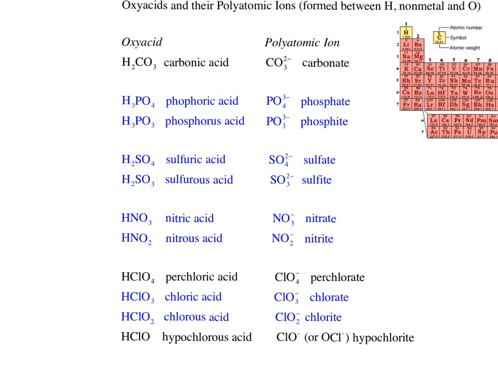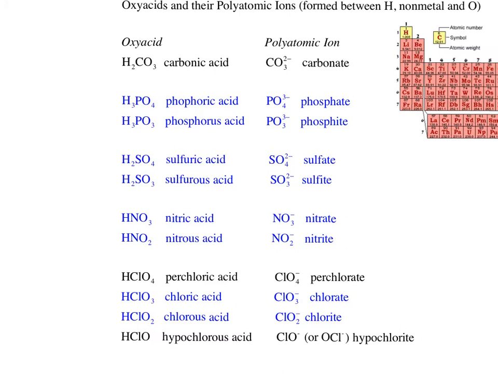The hydrogen on the left tells you that it's an acid. Then you have a non-metal, carbon, phosphorus, sulfur, nitrogen, and then one of the halogens. And then there are some oxygens connected to it as well. And you can have more than one oxygen forming different compounds. In this case, you got 4 different types. So the oxyacid is a hydrogen, a non-metal, and some oxygen.